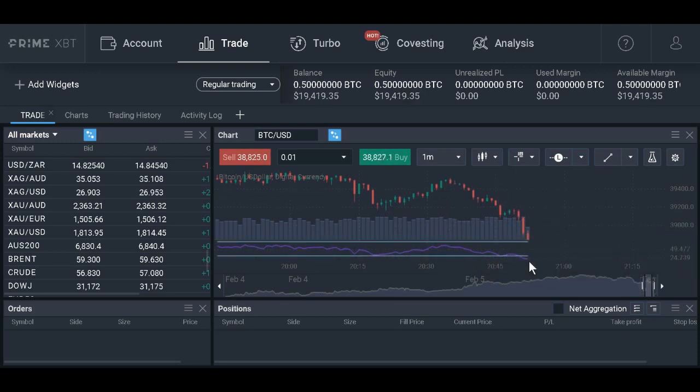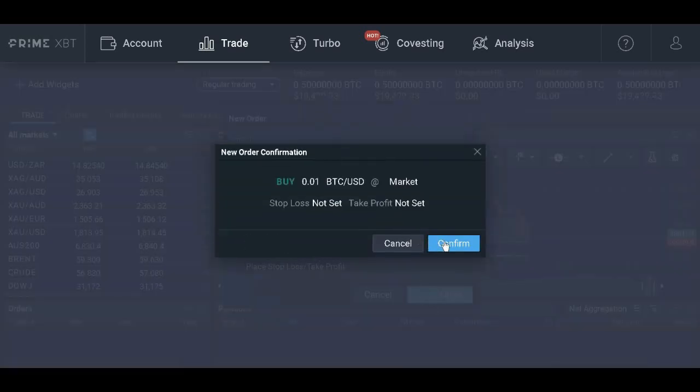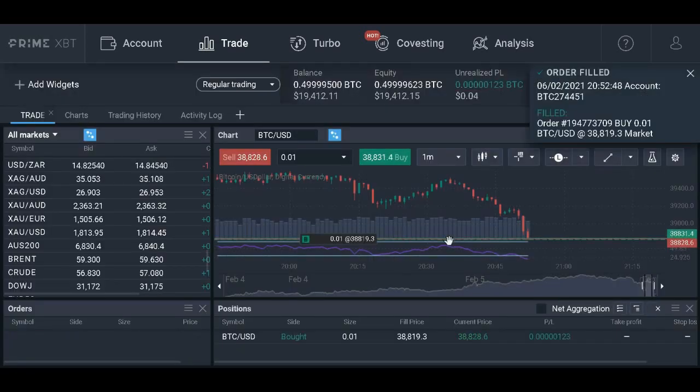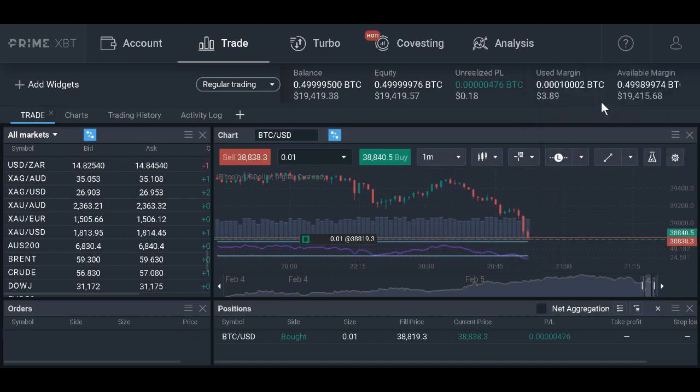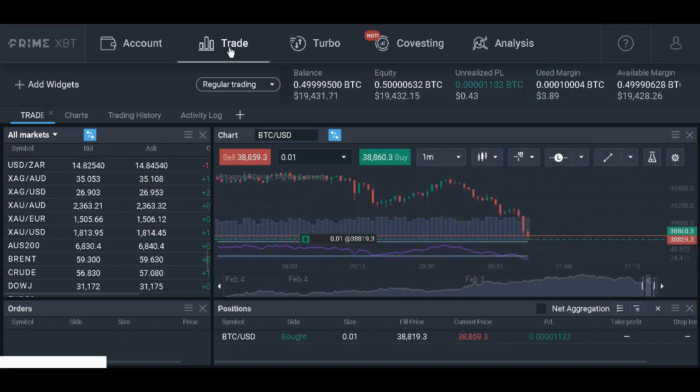Well, that looks like a bargain to me. So I'm going to place that buy order. I'm going to click on buy. Do I want to buy or sell? I'm not going to sell my Bitcoin. I want to make money. So I'm going to buy some Bitcoin right now. Let me send that order in. Confirm, because they want to make sure that you really want to do it. There it is. Order filled. Fantastic. It really is that simple. You've got the chart right here on the trading page.